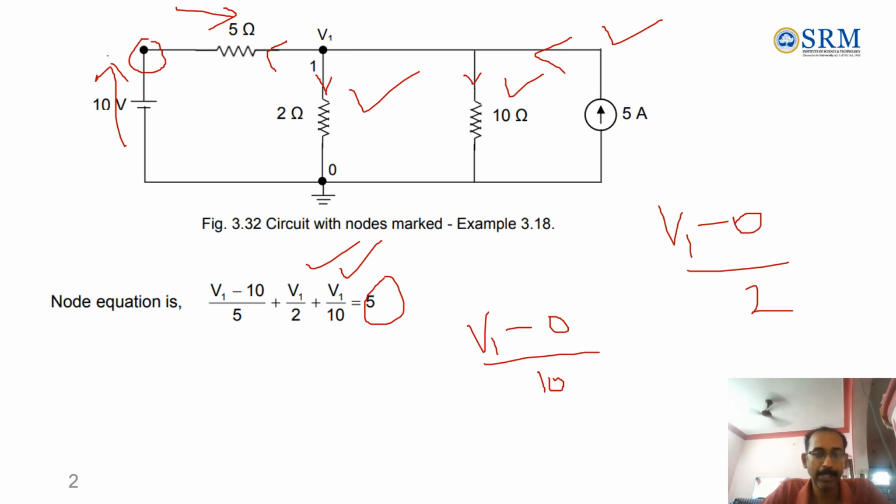As the direction is assumed like this, this should be the higher potential. Always current flows from higher potential to lower potential. So V1 minus 10 divided by the resistance 5, right? Understand? So V1 minus 10 divided by 5, this is the equation.